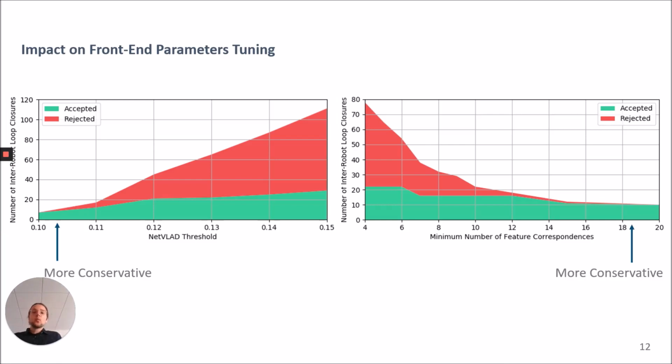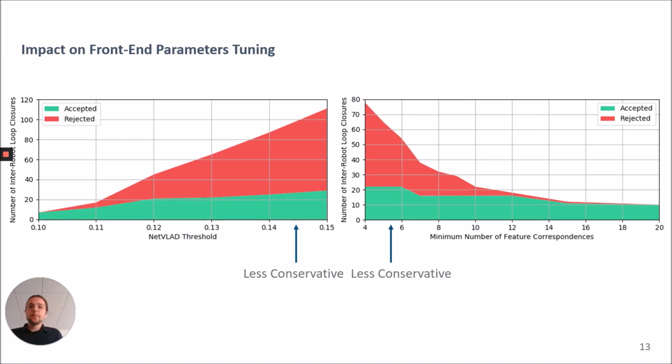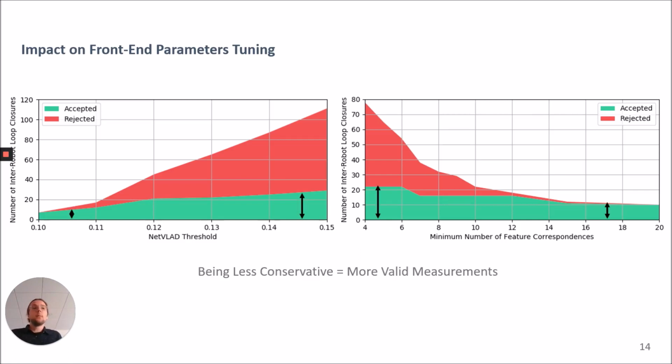We can see that with the very conservative tuning of the front-end parameters, we get just a few measurements, but they are all valid. However, with a less conservative tuning, we get many more measurements, and even though most of them are rejected, we gain some new valid measurements. This ability to work in a less conservative setup is another benefit of SLAM.